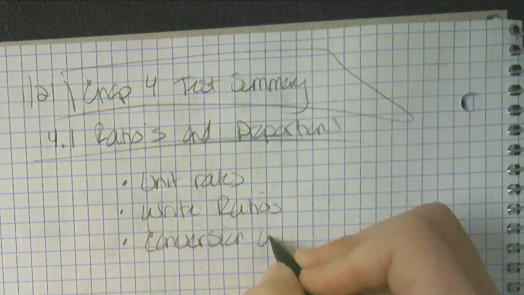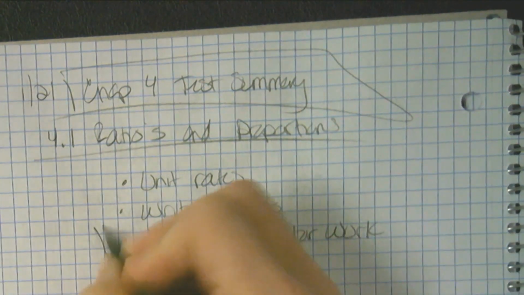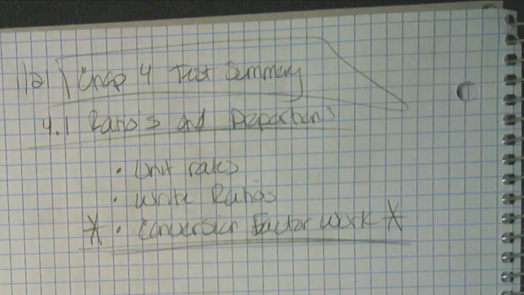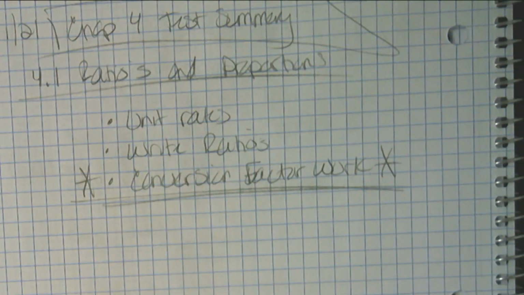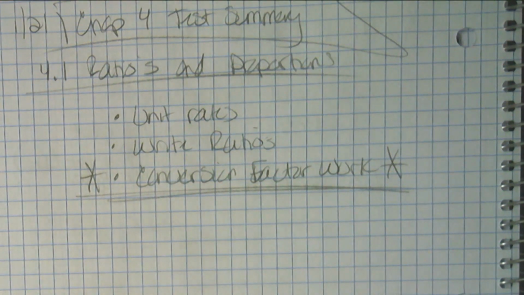Definitely go over that. You're definitely having a conversion factors problem. That was in 4.1, so I'd highly recommend you go back to that. Don't raise your hand right now, please, because I need to get through this.